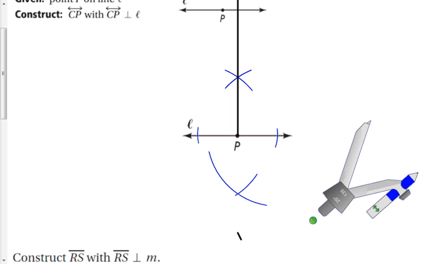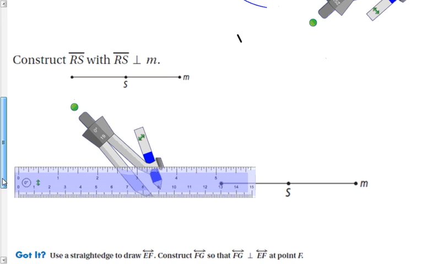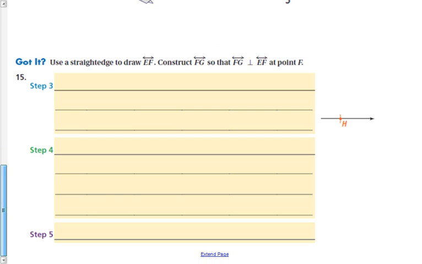And this line we're going to call CP, and CP is perpendicular to line L. All right, I'll let you try that. You can do the same thing I did there, and you can check back with your answers.